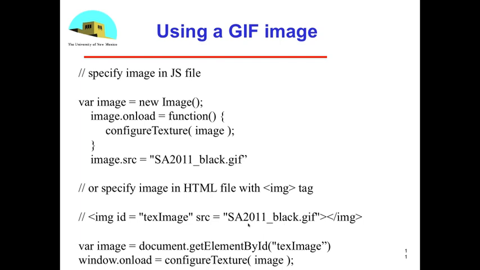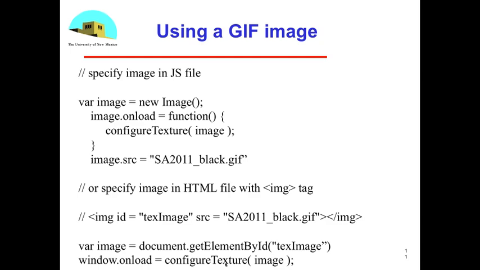It's an image we used for a SIGGRAPH conference. Use that tag, refer to that ID back in the JavaScript file, and say that the image uses getElementById for the texture image, which will now bring you back this image, and then do exactly the same thing. Configure the texture and set its parameters up as we'll be seeing.